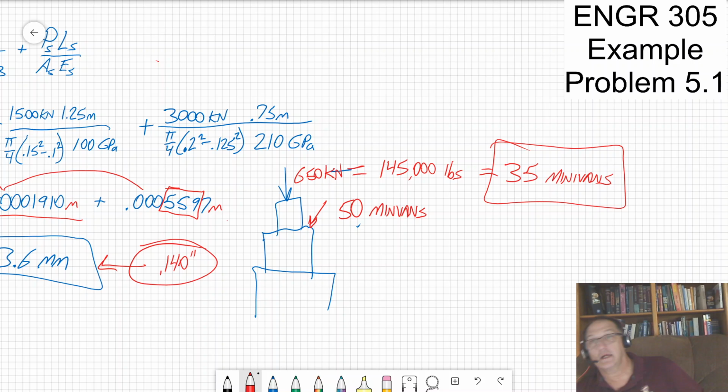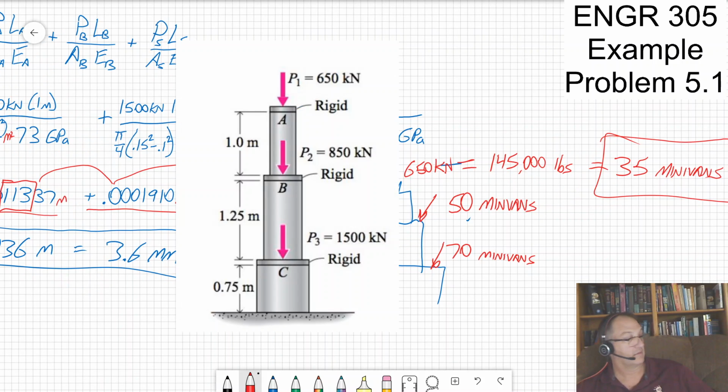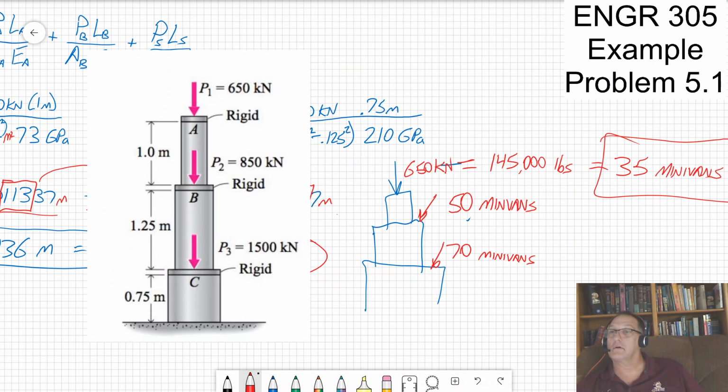And then here's 70 more minivans. That's how they load that thing. Oh no, sorry, not 70. This is going to be 85 minivans at that level.